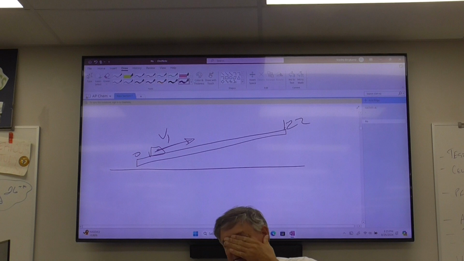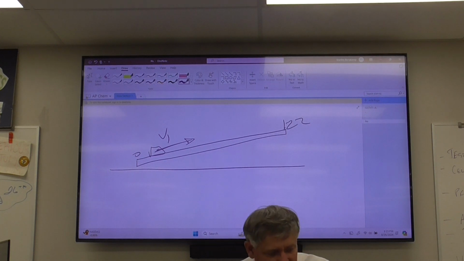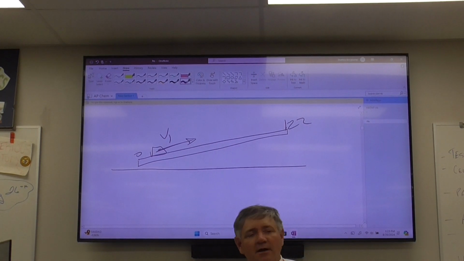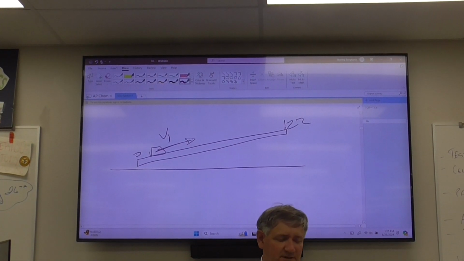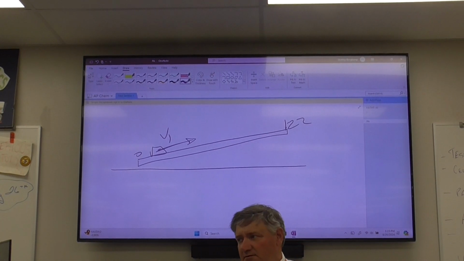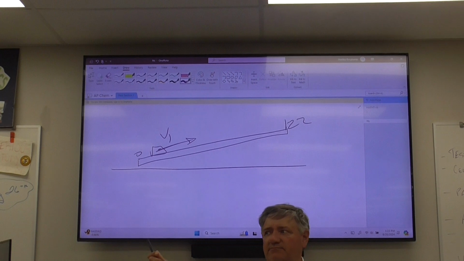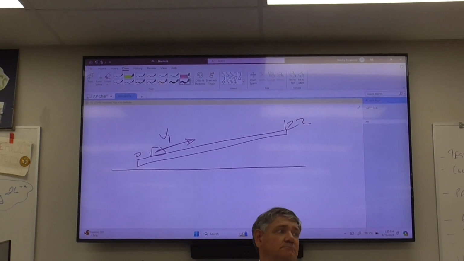So here's the story. When you give it that initial velocity, when you look at it some point later on, there's only 3 options. It's either going faster, it's going slower, or it's going the exact same velocity. That's it.